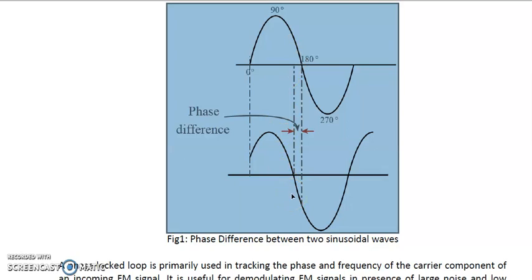And whenever there is a frequency difference, since the phase angle definition is theta equals 2 pi f t, if frequency f changes, then definitely there will be a change in phase. That's why the earlier one starts at 0 degree, while the second one does not; its 0 degree should be here, before this y-axis line.